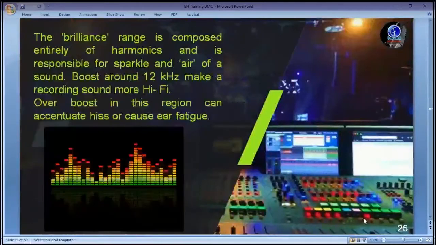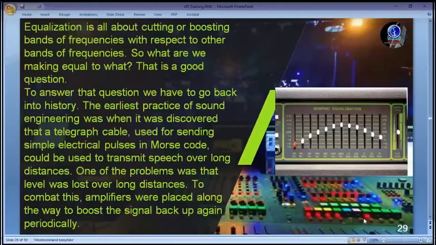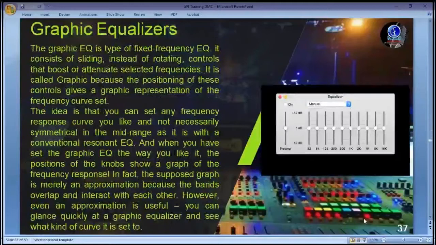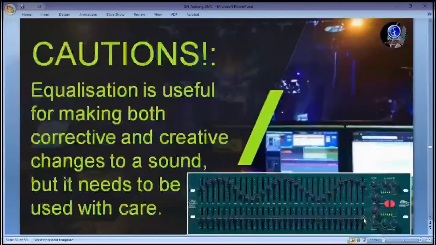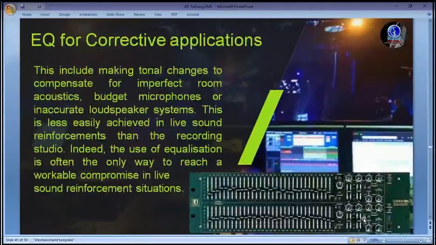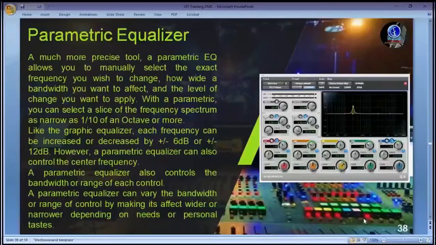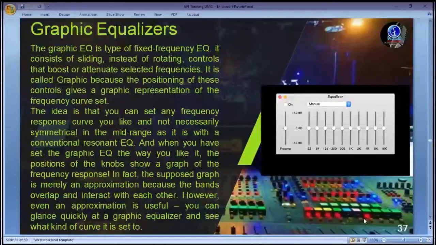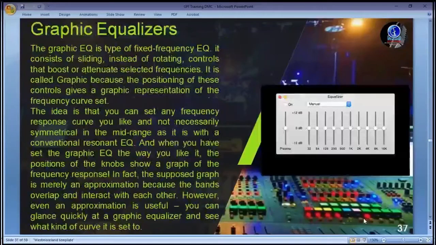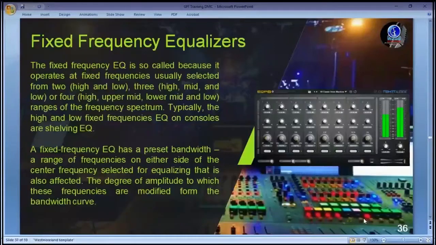Let me navigate my PowerPoint for you to be able to see where we stopped. Can somebody remind me? I think this is where we stopped last week. Yes, we spoke about fixed equalization and we stopped at fixed frequency equalization.